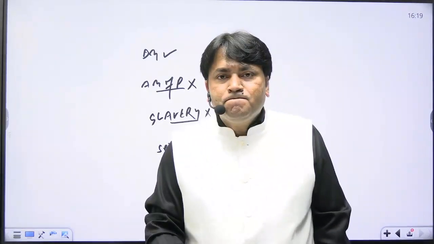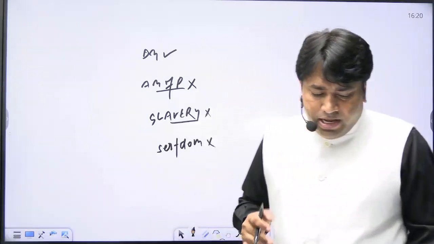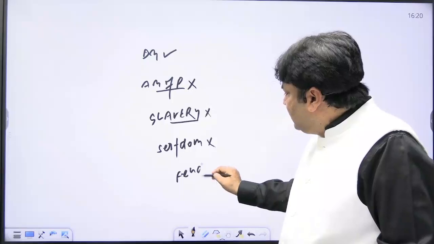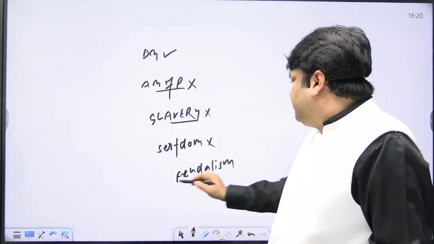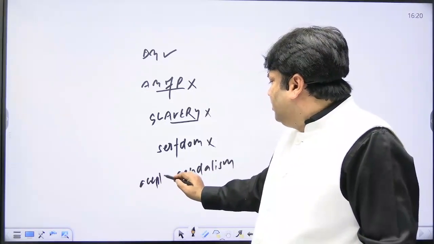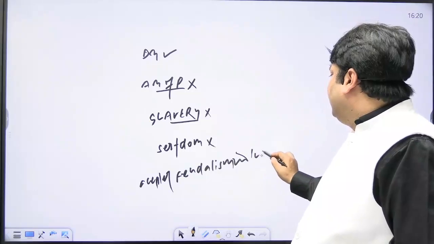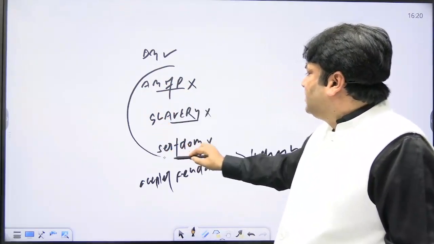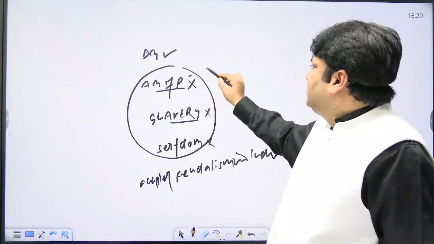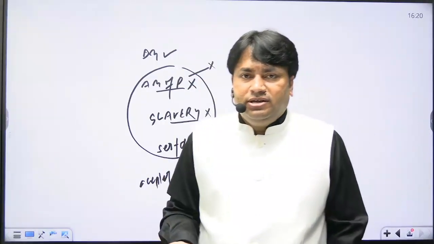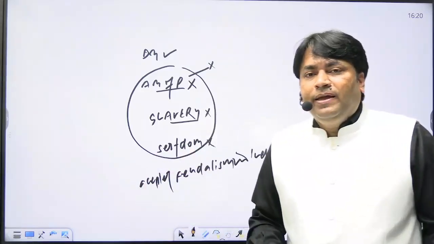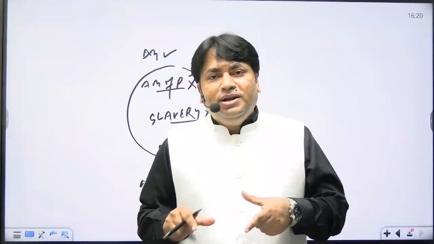But he adopted the concept of feudalism in the Indian context. So what do we see? Some of the core Marxist principles or beliefs were rejected in the Indian context, because the society of India and the society of Europe are completely different.